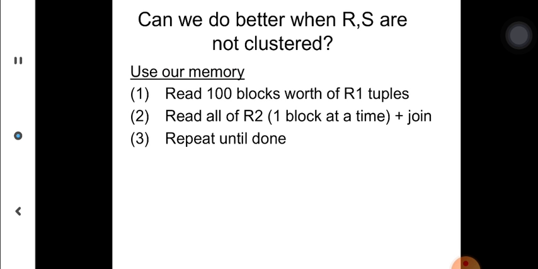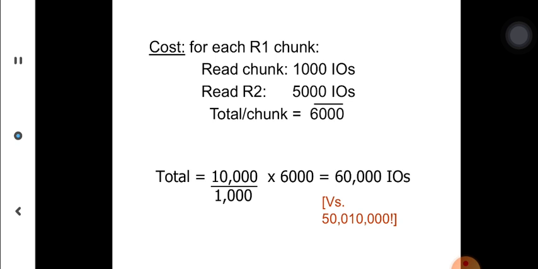So can we do better when R and S are not clustered? Use our memory. Read 100 blocks' worth of R1 tuples, then read all of R2 and join, and repeat until done. So we try to utilize more memory in order to reduce disk input output cost.